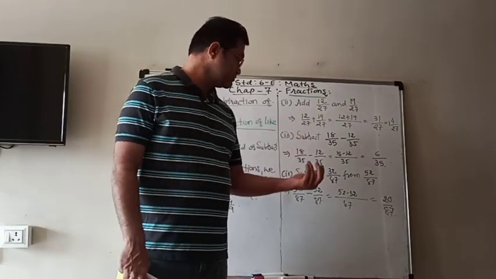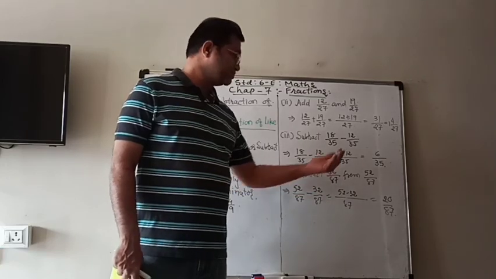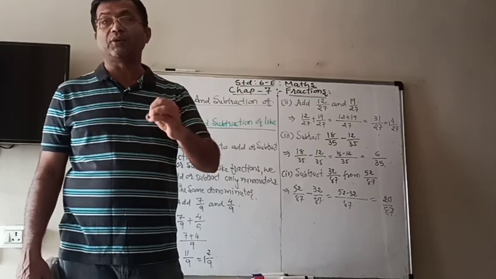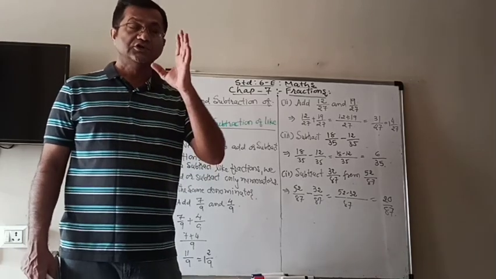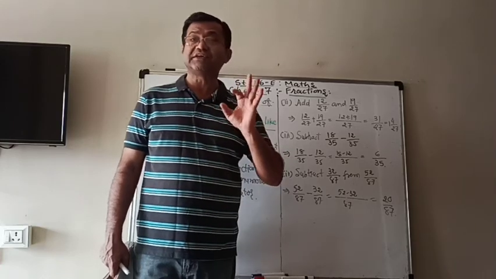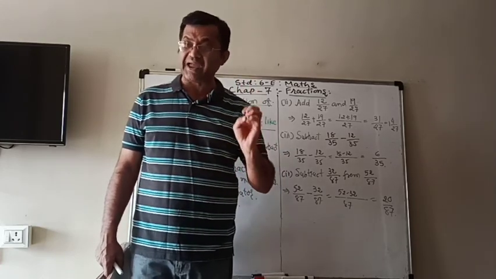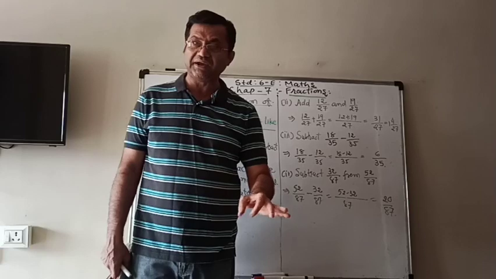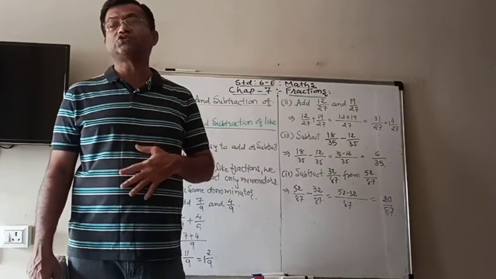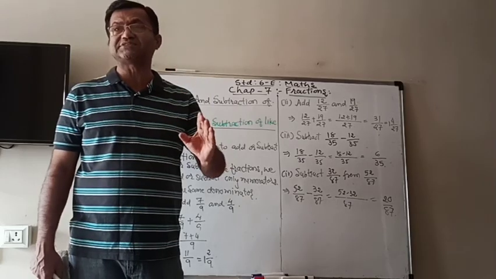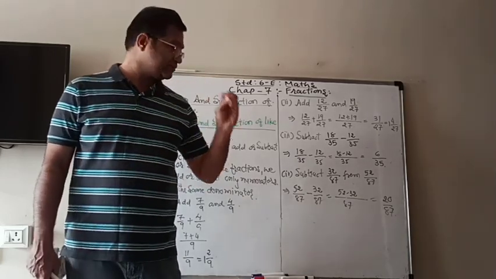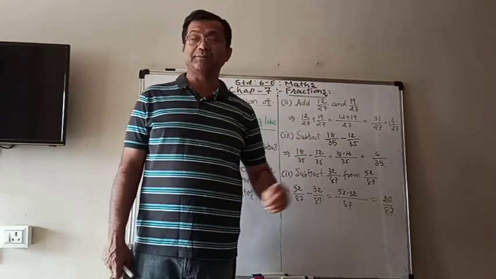So 52 minus 32, that is 20, and your answer is 20 upon 87. So here we can say that it is very easy to add or subtract the like fractions, because we just have to do the addition or subtraction in the numerator, but we will keep the denominator the same.